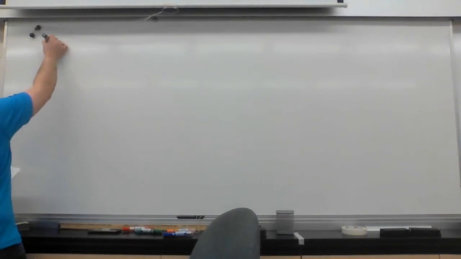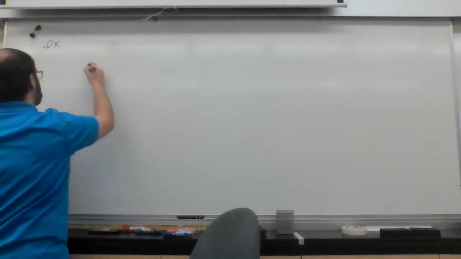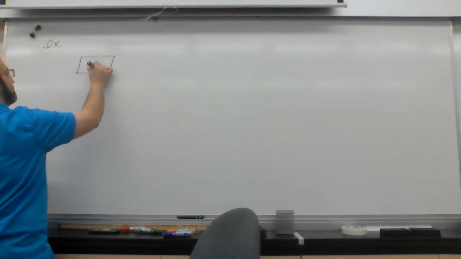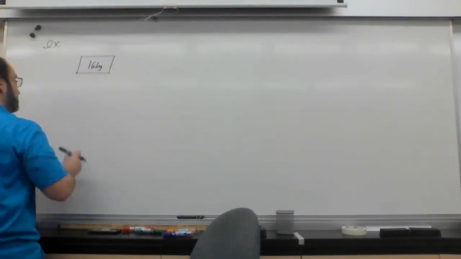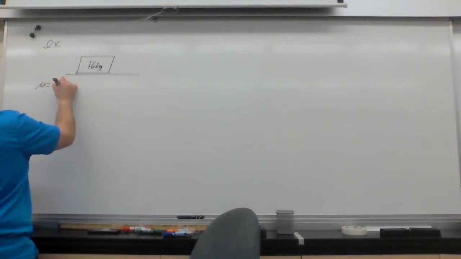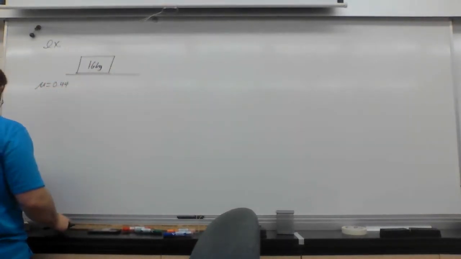So our example that we're going to have from our notes, which means you guys do have it if you look at the notes in the drive. This is going to be a 16 kilogram object, and it's going to be located on a surface, and that surface is going to have a coefficient of friction of 0.44.